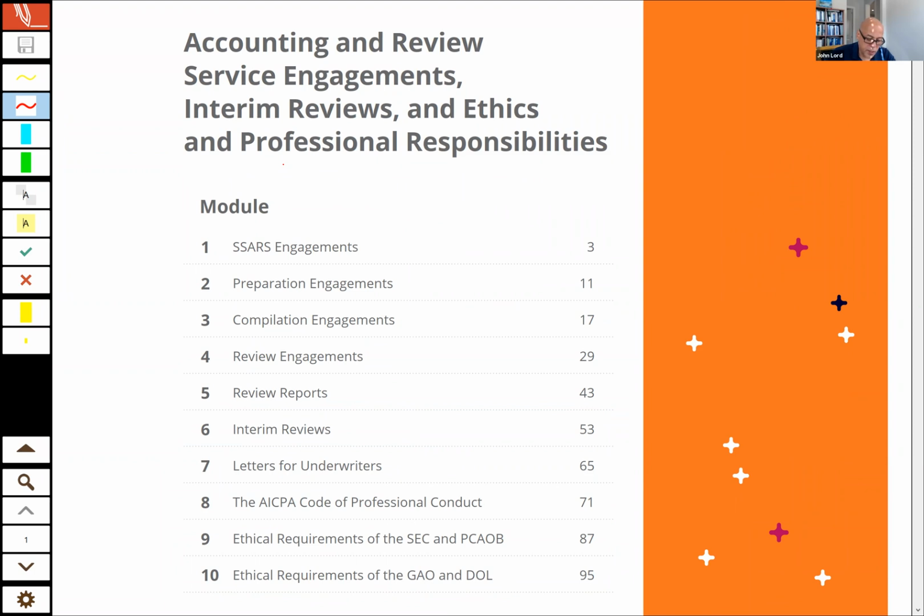SARS engagements, statements on standards for accounting and review services. That's really what's covered in this chapter to a large extent.